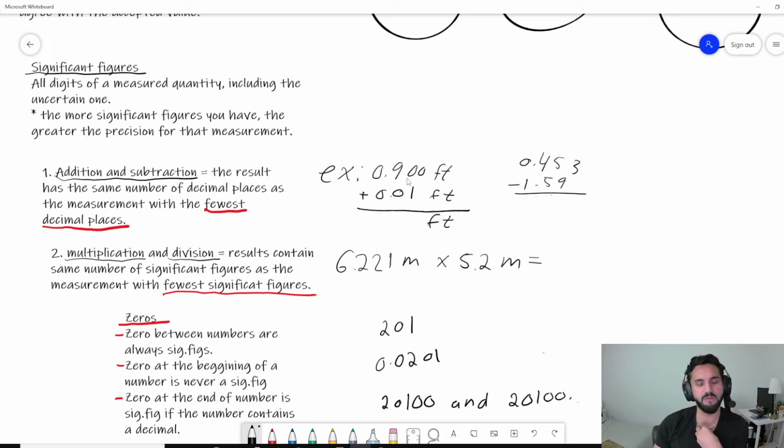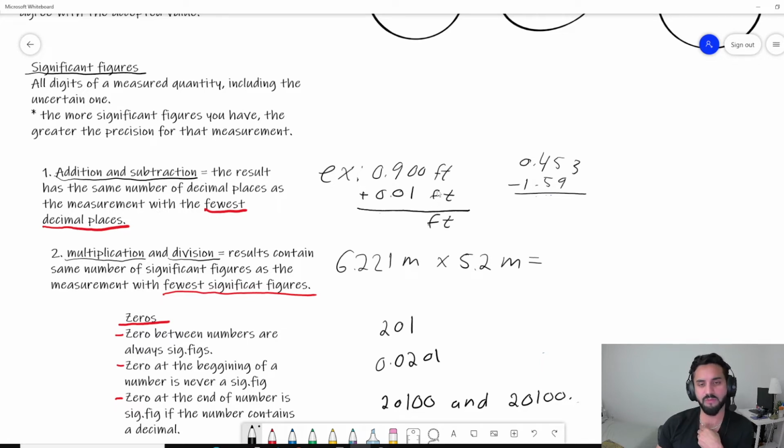What do I mean by that? Let's say I collected these two numbers through a measurement, and this is an addition. The addition rule says the value that I show has to come from the measurement with the fewest decimal places.